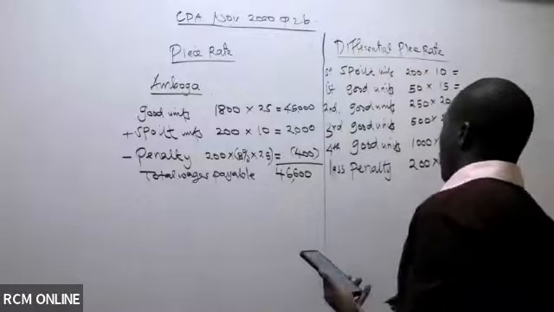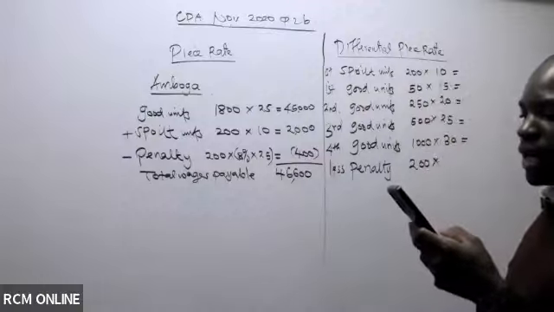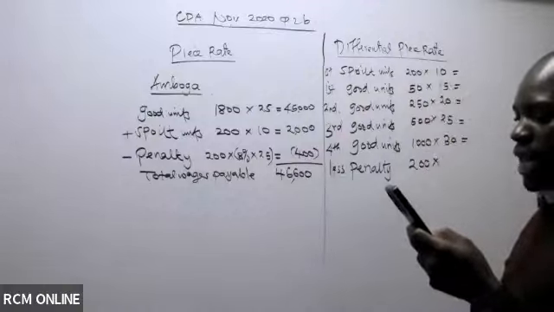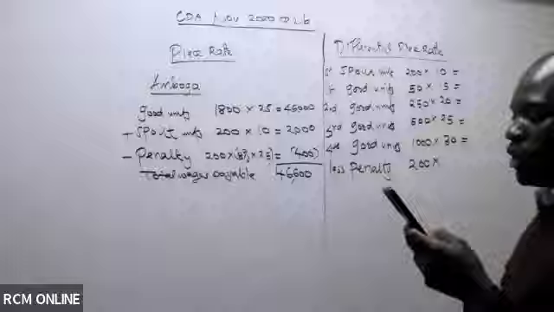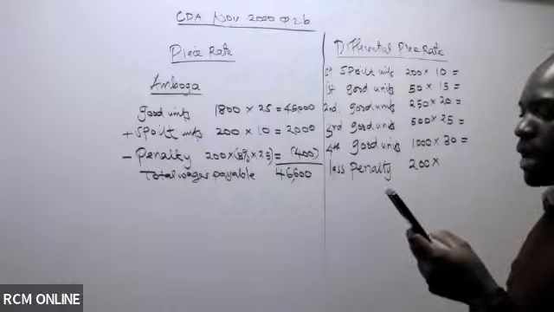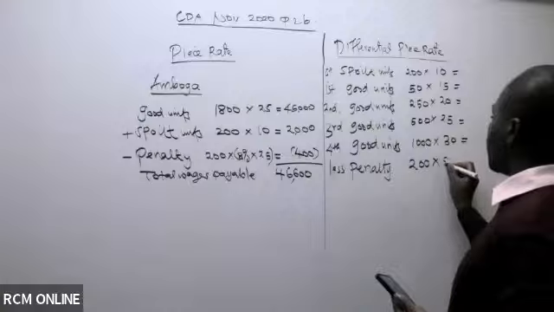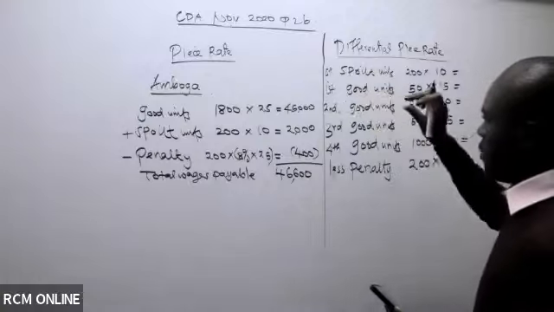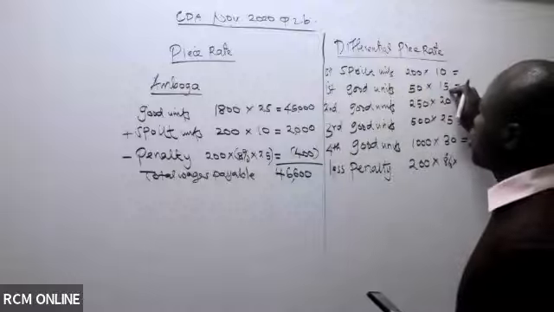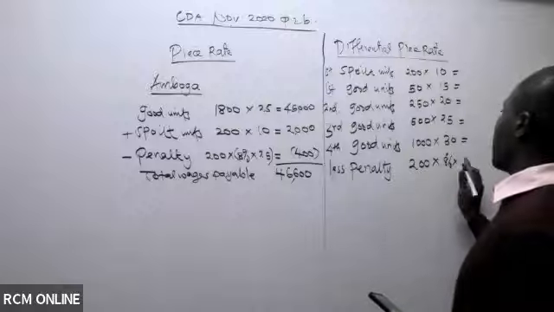And what were we told to be the penalty rate? We are told that the spoiled goods will be paid at the rate of 10 shillings per unit and a penalty of 8% applied at the differential rate. The penalty will be 8% of the rate of that first batch. The rate at first batch is 15 shillings for the good units. So you only get to charge penalty 8% of that rate.